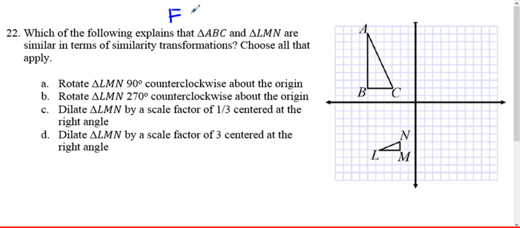This question's also from framework 5, with some rigid motions in there. So we're looking for a similarity transformation. We're trying to map LMN onto ABC. Starting with LMN, to get it up there to ABC in the right orientation, we have to rotate it 90 degrees that way, which is clockwise.